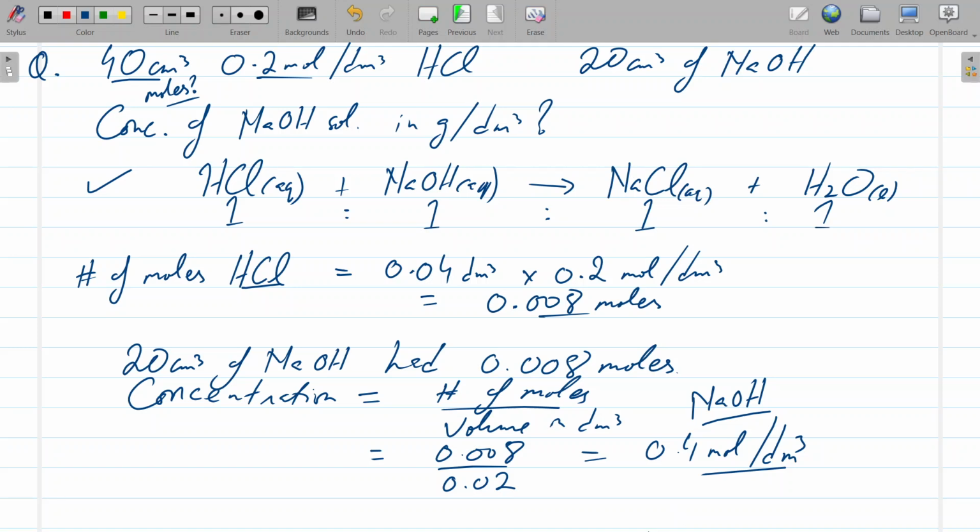But what they've asked us is the concentration in grams. So how do we convert moles into grams? You multiply by the molar mass of NaOH. Exactly. Good. So what's the molar mass of NaOH? 40 approximately. Yeah, 40, right?